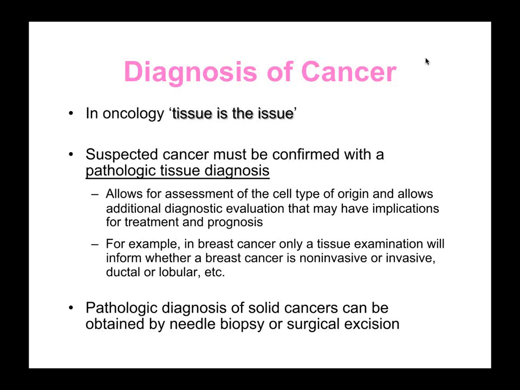And this pathologic diagnosis for solid cancers can be obtained by needle biopsy or surgical excision, and for the liquid tumors, most of the time it can just be determined off of the blood sample because these cells will often be circulating, and sometimes that can be made from a biopsy of the bone marrow, so bone marrow biopsy for the liquid cancers.